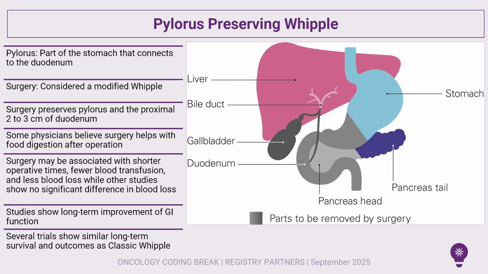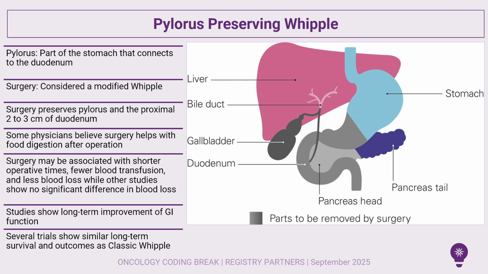Let's talk about the pylorus preserving Whipple surgery. Now the pylorus is the part of the stomach that connects to the duodenum. This type of surgery is considered to be a modified Whipple. This surgery preserves the pylorus and the proximal 2 to 3 centimeters of the duodenum. Some physicians believe this surgery helps with food digestion after the operation.